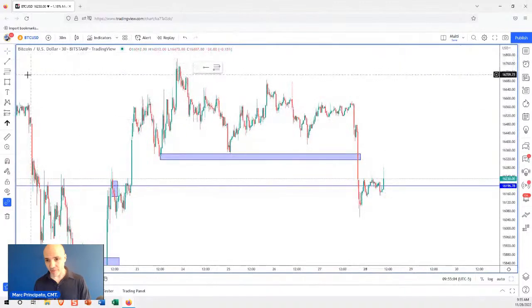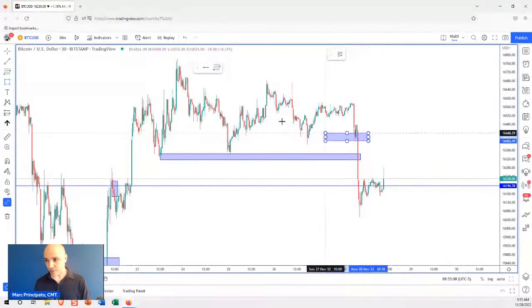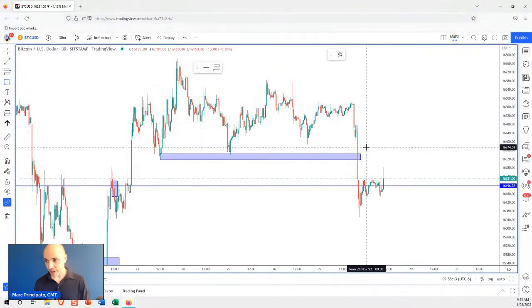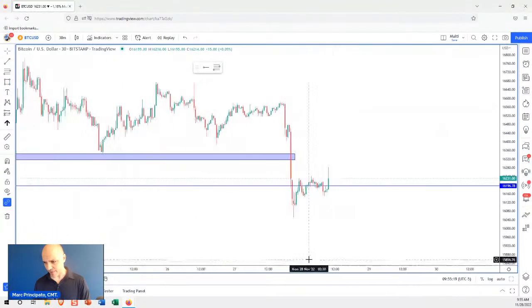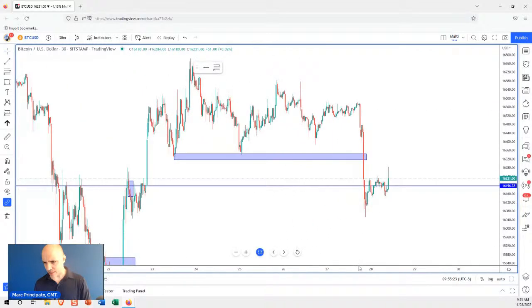Anyway, on the 30-minute, I'm looking for price structure and I'm looking for levels. This is a consolidation. Okay, this doesn't really mean anything, right? On this time frame, it broke the support of the consolidation pretty dramatically, right? We see that. And it found its way into this old resistance.